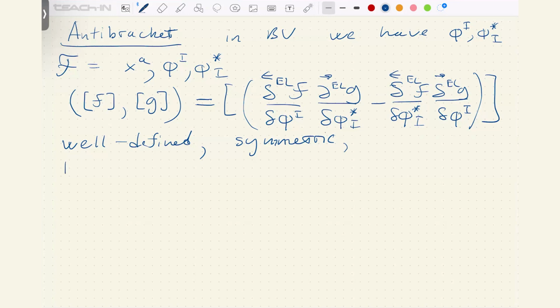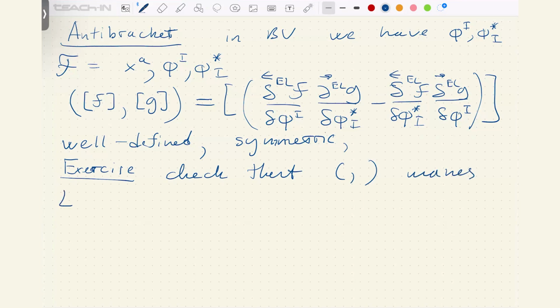By the way, exercise: check that this anti-bracket makes local functionals into a differential graded Lie algebra.